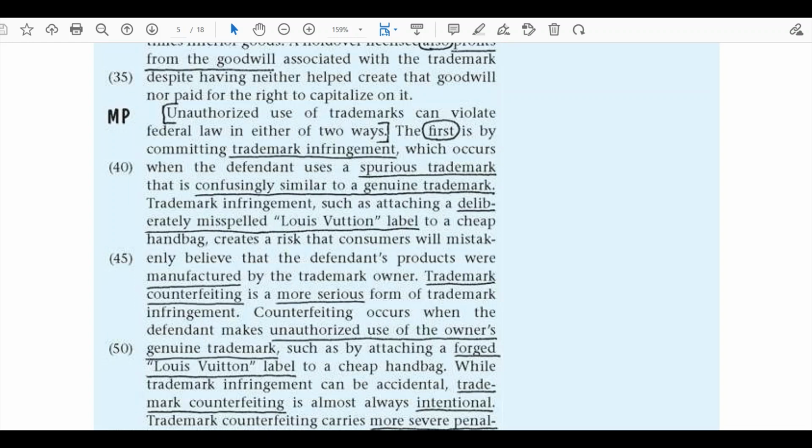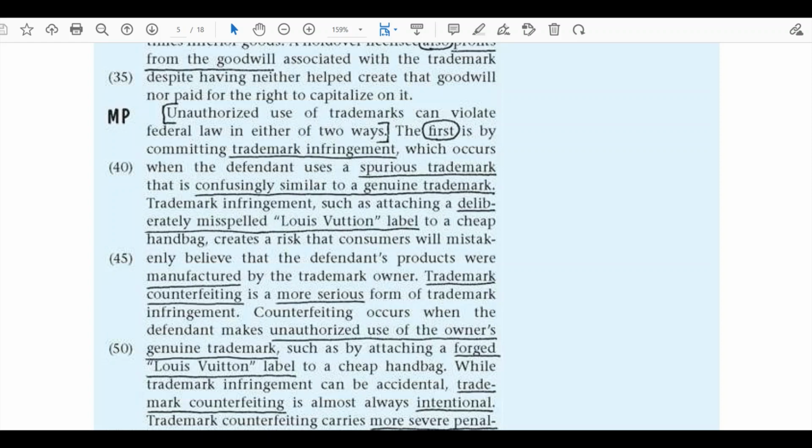So the three sentences surrounding the word "spurious" in line 40 reveal that, in context, the passage is contrasting spurious trademarks with genuine trademarks.